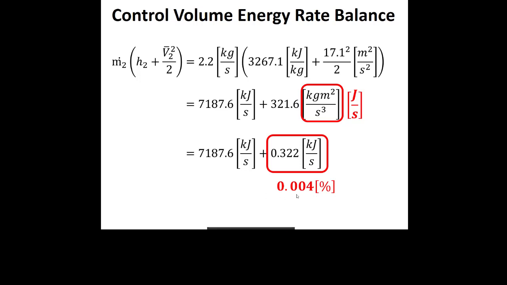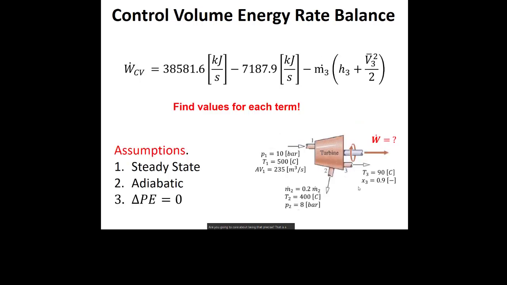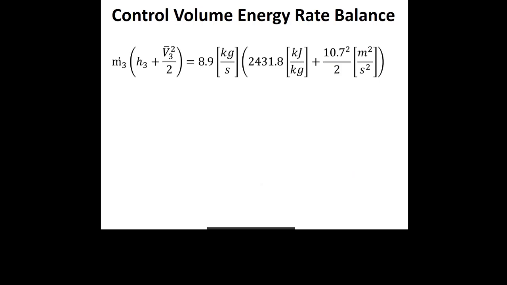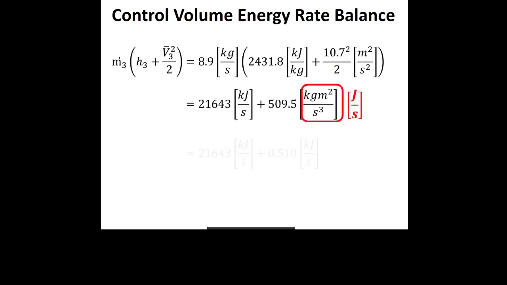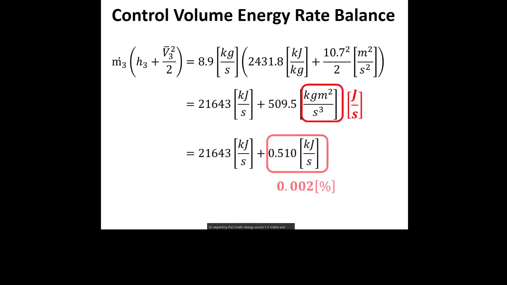I would say almost never in an engineering application are you going to care about being that precise. That is a very, very small number. So neglecting that kinetic energy wouldn't have mattered. And then here, not surprisingly, spoiler alert, it also doesn't matter.